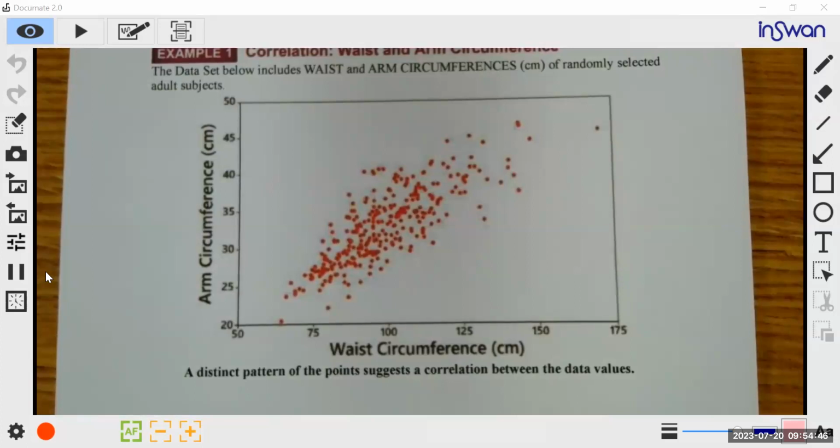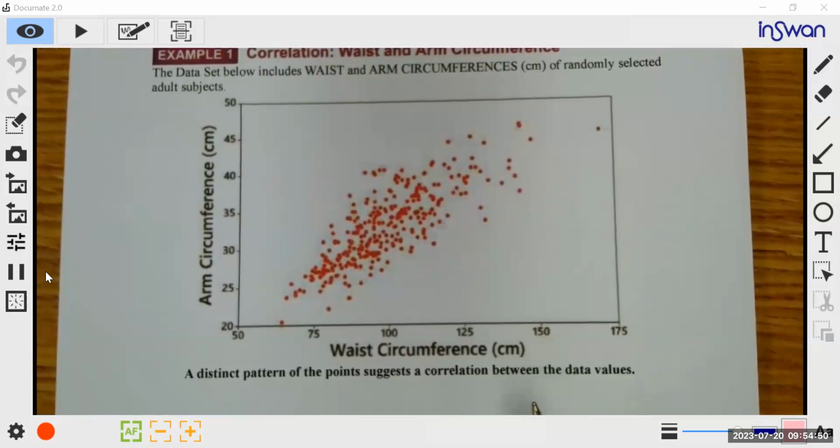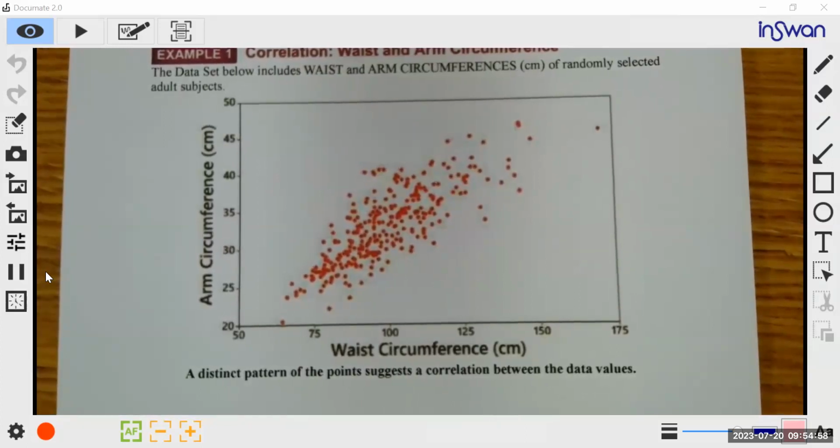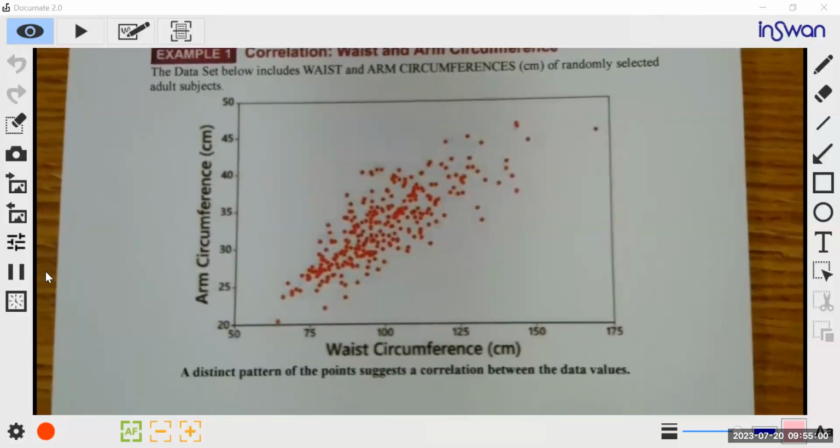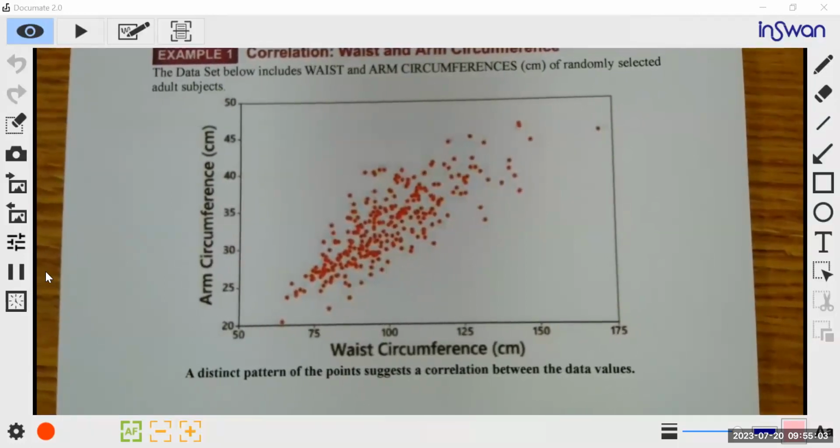So what do you see there? What do you notice about the waist and arm correlation data? Is it close to linear? Do you see a pattern? Why would we want to know what the correlation regression is?